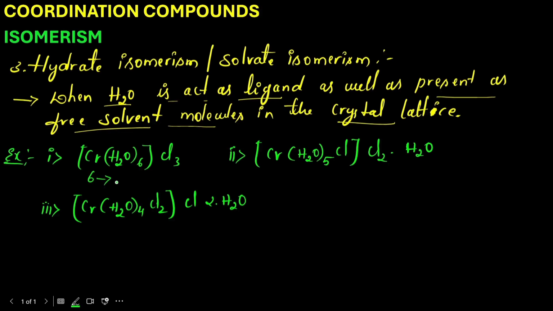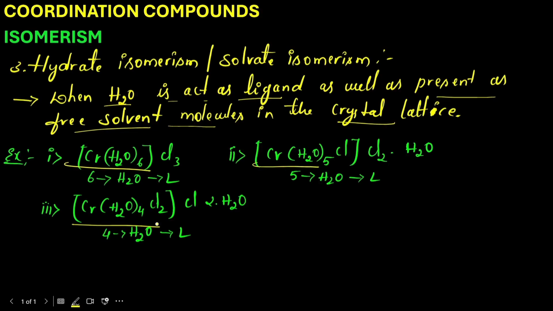Here 6 H2O ligands are there, here 5, and in the third case we have 4 H2O ligands. If you compare all three cases, the molecular formula is the same, but the water molecules are exchanged inside and outside the coordination sphere. Therefore, these are examples of hydrate isomerism, which is also called solvate isomerism.